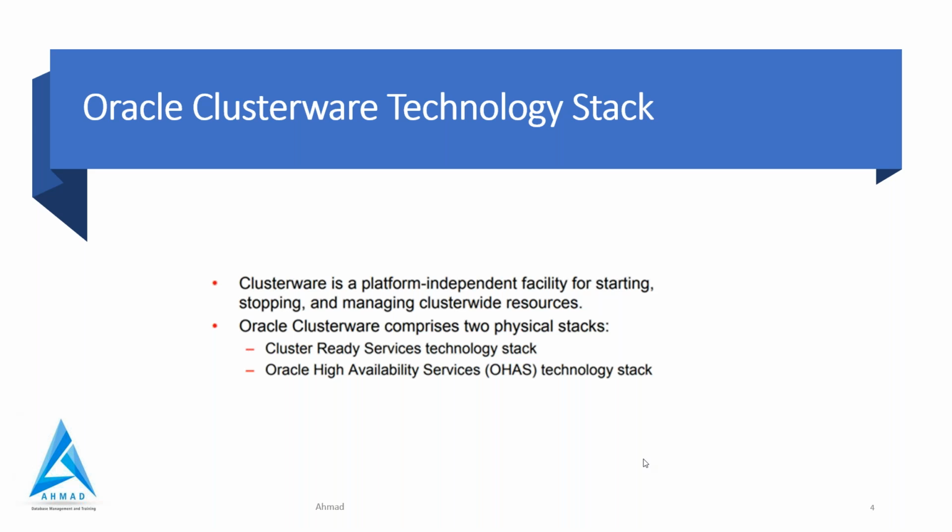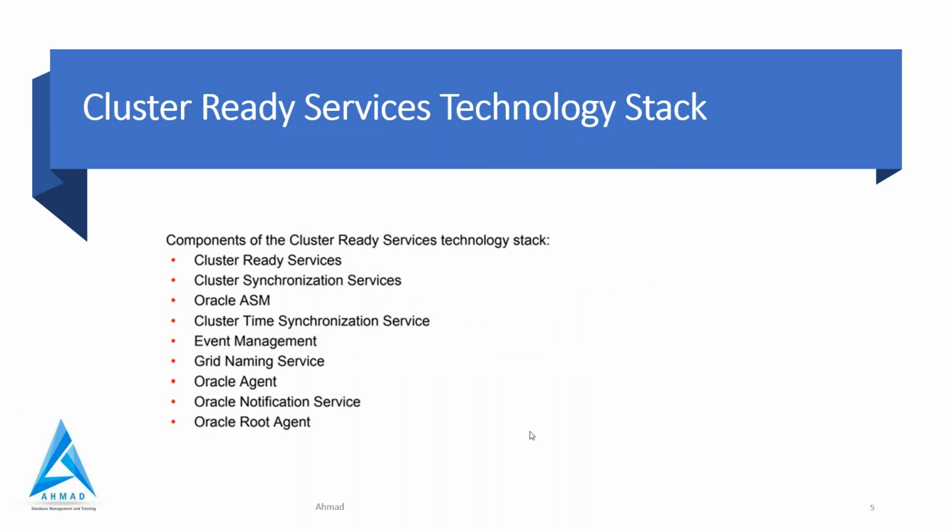If you go to the second slide, the components of CRS are these: Cluster Ready Services, Cluster Synchronization Services, Oracle ASM, Cluster Time Synchronization Service, Event Management, Grid Naming Service, Oracle Agent, Oracle Notification Service, and Oracle Root Agent.